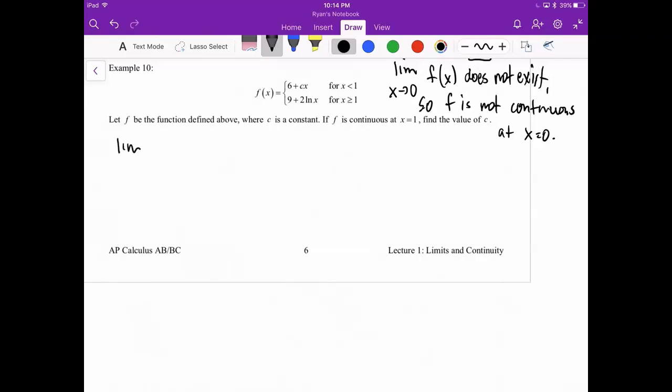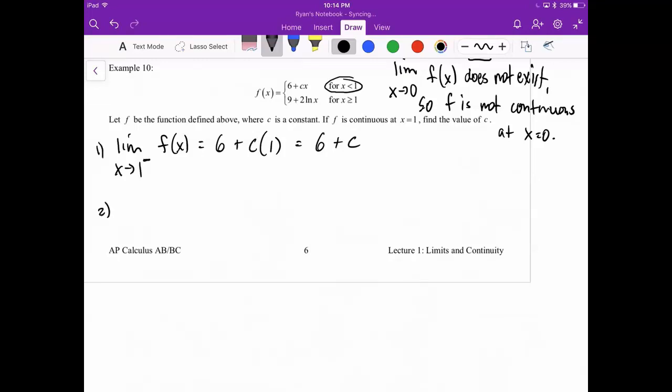So what I'm going to do is first take the limit as x approaches 1 from the left of this function f of x. Since this says x less than 1, I'm going to be using the 6 plus cx. So if I plug in 1 for x there, that's going to be 6 plus c times 1, which of course is just 6 plus c. So that's the first thing.